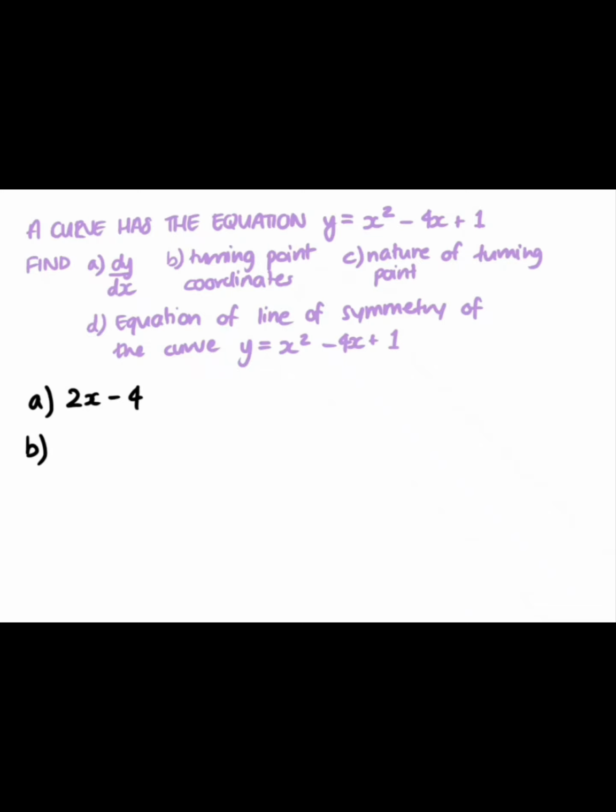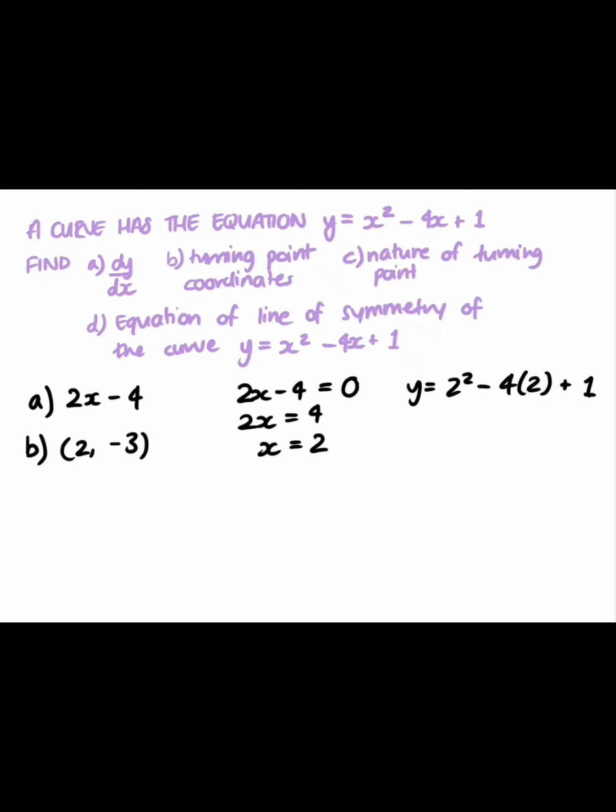Part A is where we found dy by dx, so we just make that equal to 0, and that gives you that x is equal to 2. So we know the first coordinate, and then we substitute 2 back into the original equation, which gives us -3.